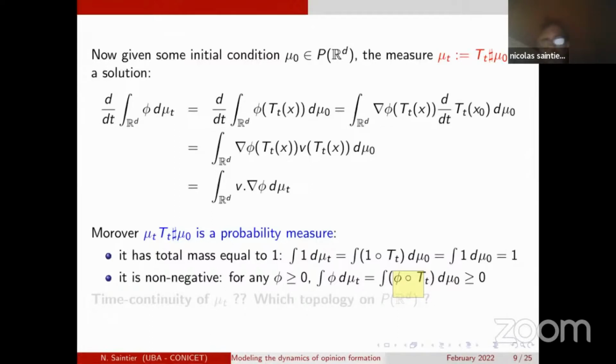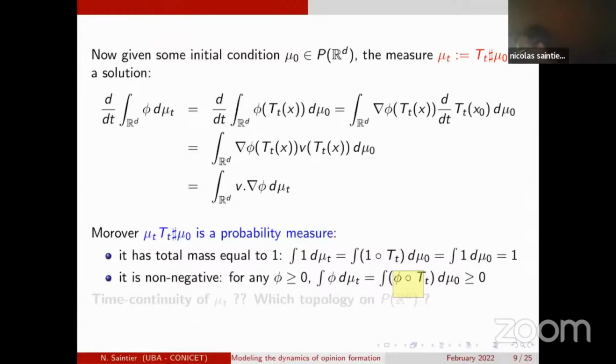So I'm good. So so far, we found, for any initial condition, at least one solution, which is pretty nice.